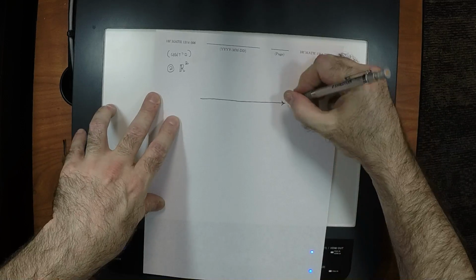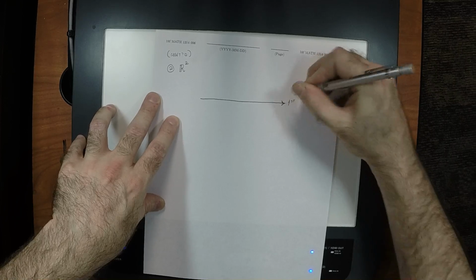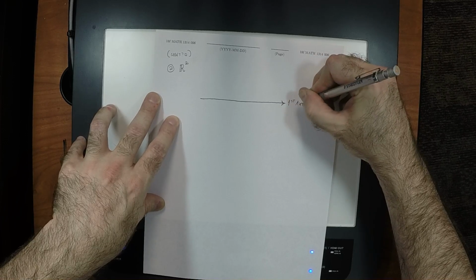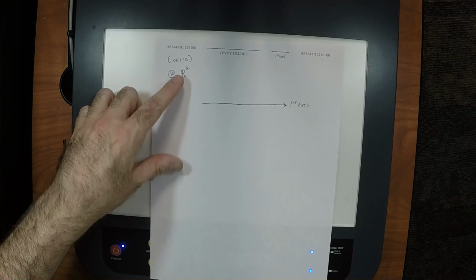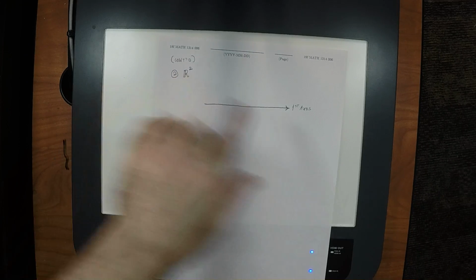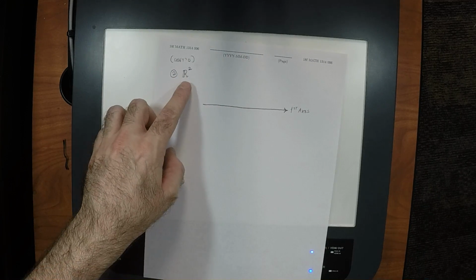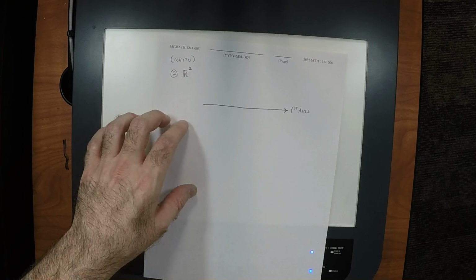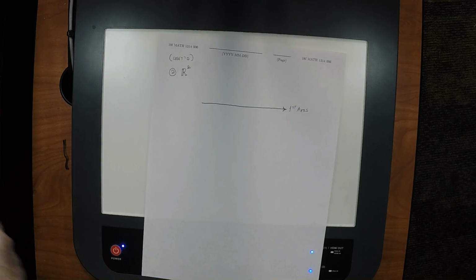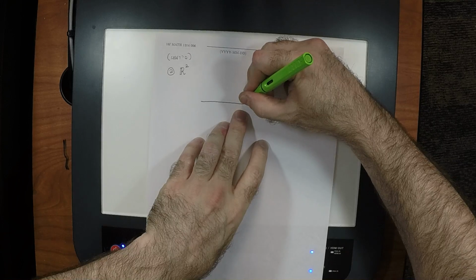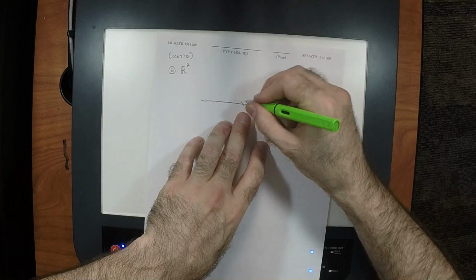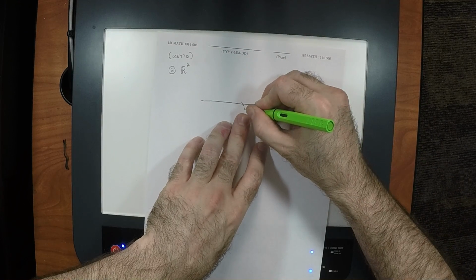I'll call this one the first axis, or the first number line if you like. And we're going to have a second one. Right there is 0.